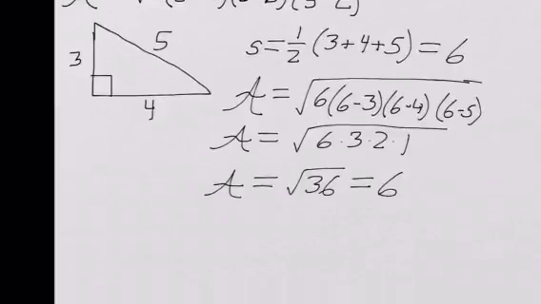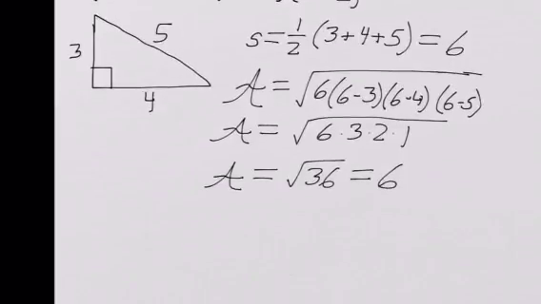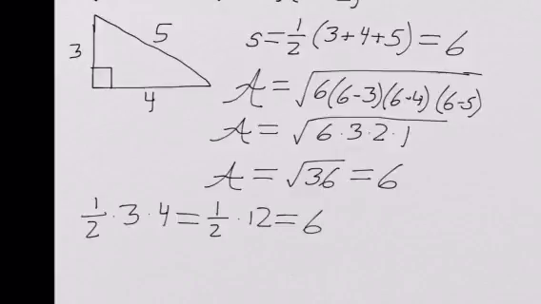And just to verify this, if I use 1/2 base times height, I get 1/2 times 3 times 4, which is equal to 1/2 of 12, which is equal to 6. So this does verify in the case of the right triangle.